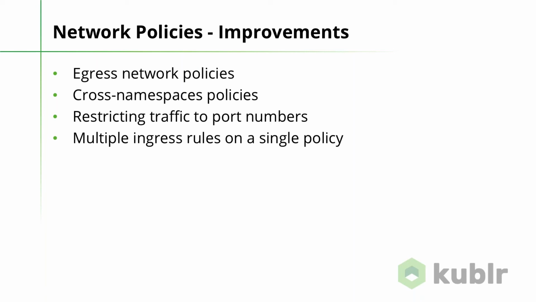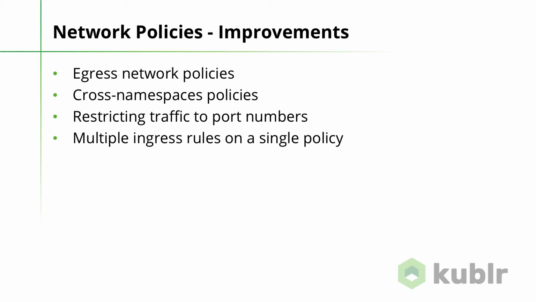Then you can also restrict traffic to specific port numbers. Again, a pretty good addition and a very useful one. And as you can see, we can now set up multiple ingress rules on a single policy. So you will have fewer network policies covering your whole workload.